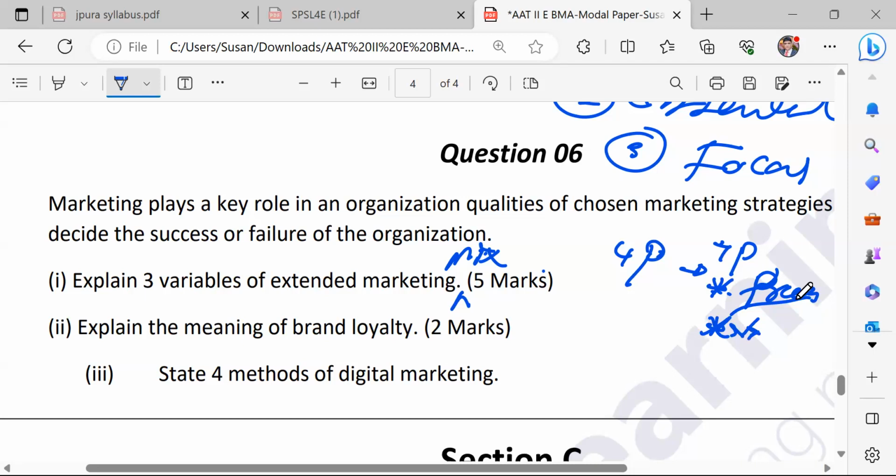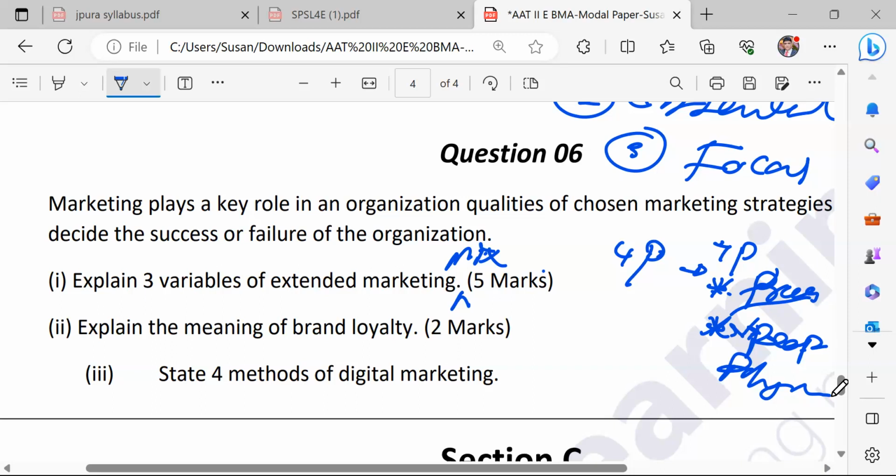Process, people, and physical evidence. Right? This is actually the extended marketing mix. Clearly listen: extended marketing was introduced for services. This is also known as the service marketing mix. In the service marketing context, it is very difficult to understand, and that is very important.